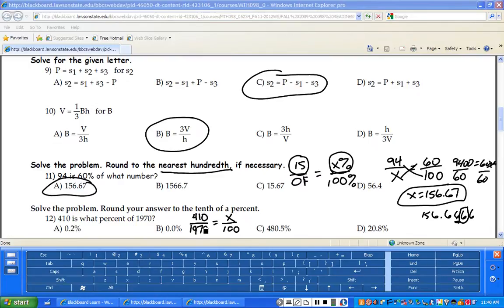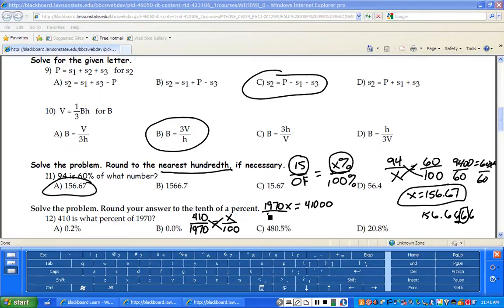There's your setup. You'd cross multiply, and when you did that, you'd have 1970x equal to 41,000.